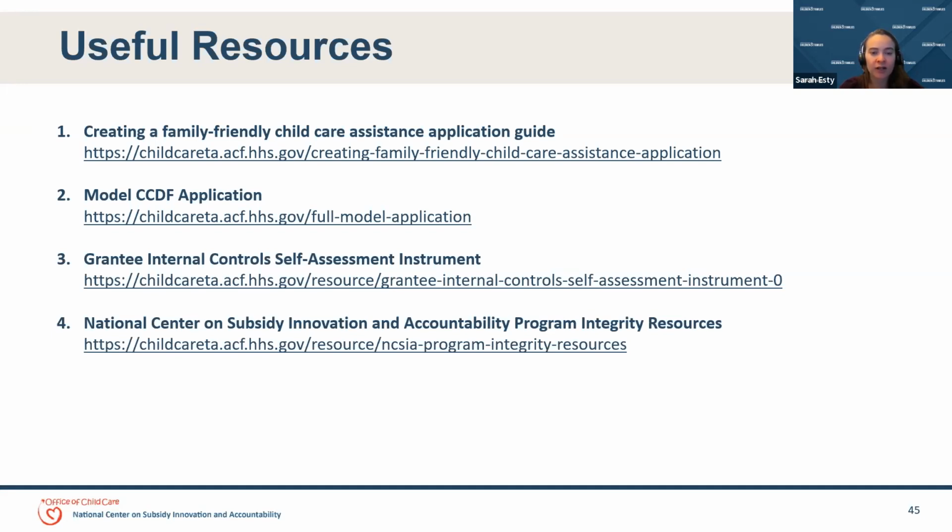So under the CCDF rule, lead agencies can't condition a child's eligibility for services based on the citizenship or immigration status of their parents. So you should make sure that there are options to verify identity of the parents that don't require citizenship or having a social security number.